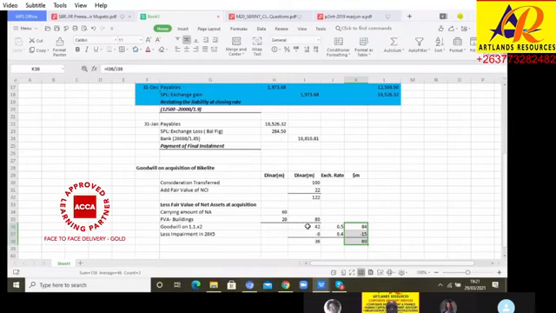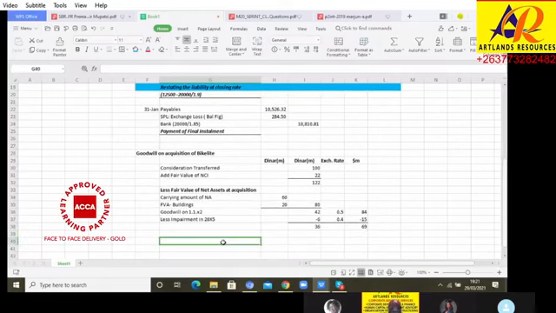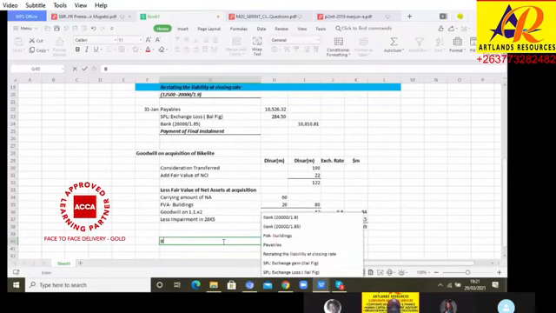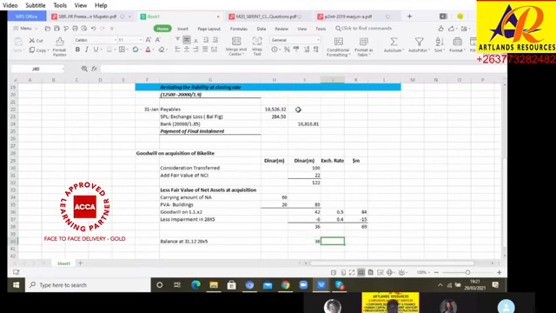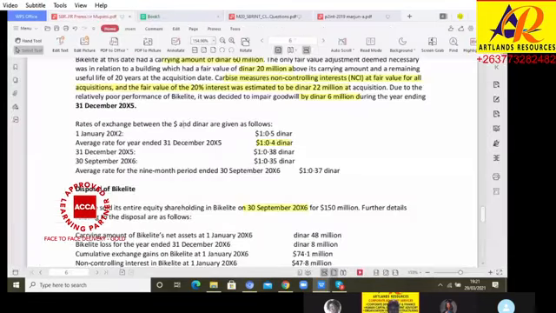And then I skip a line and say balance at 31 December 20x5. The balance was 36 on this date, and exchange rate, I use closing rate.